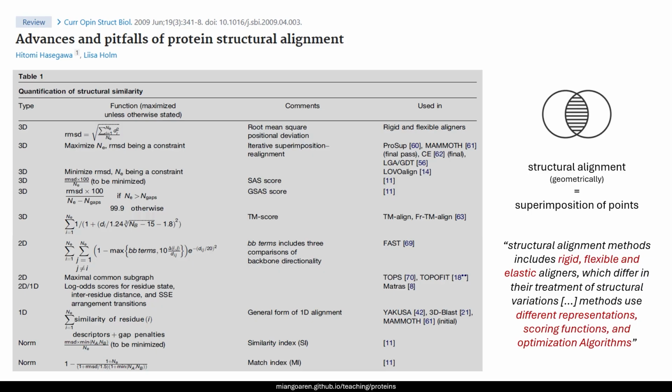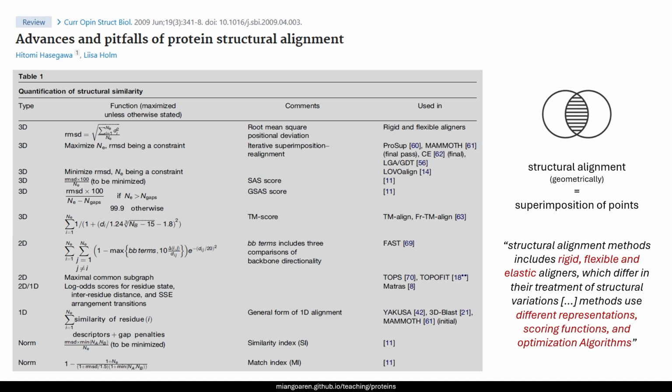However, if you are looking to learn more about the procedure of comparing atomic structures of proteins, you can check out this fairly detailed review, where you can see that there really is a diversity of structural comparison metrics, whether three-dimensional, two-dimensional, or even one-dimensional, that recognize the diversity of what proteins represent, so that there are methods that include either quite rigid patterns for proteins, or consider them more flexible and elastic.